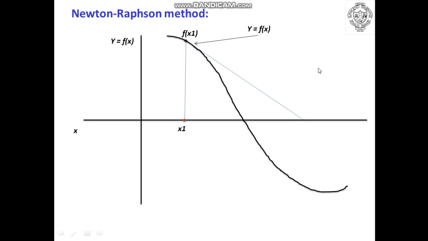The point where the tangent intersects the x-axis is assumed as the next approximated root of the equation. So I'll label this as x2. Since I know the value of x2, I can find the respective function by putting the value of x2 in the equation, and I'll get f of x2.